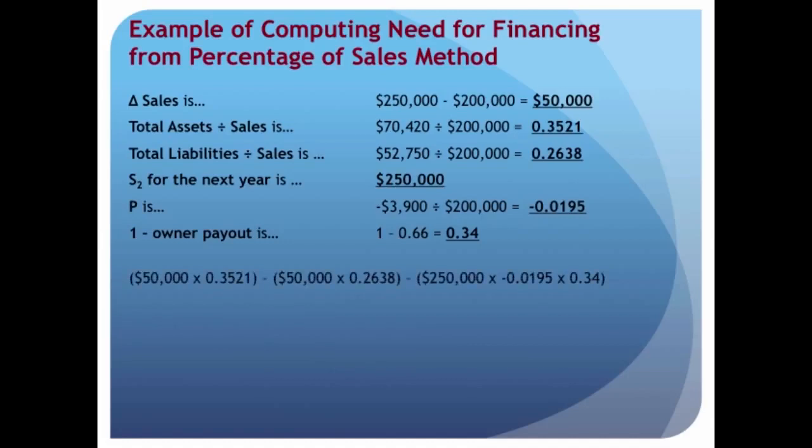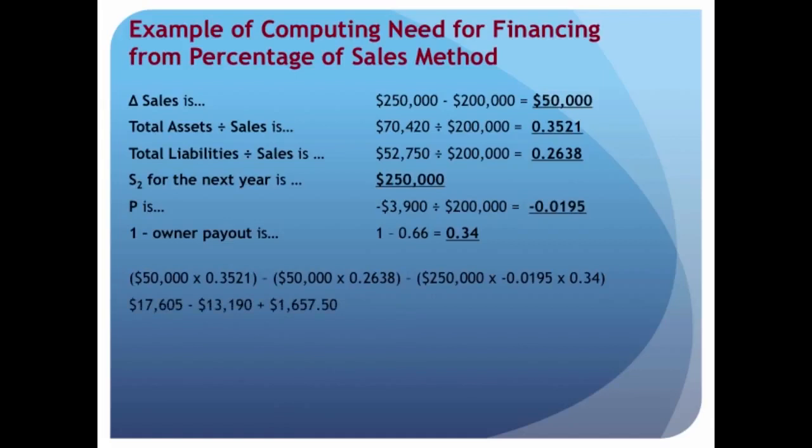Plugging the numbers into the equation, we get the following figures. 50,000 times 0.3521 minus 50,000 times 0.2638 minus 250,000 times negative 0.0195 times 0.34.